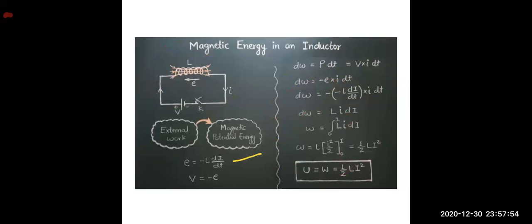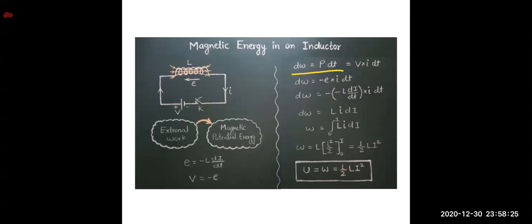And the voltage V, which is supplied by the battery so that it can maintain the current against the induced EMF, is equal to minus E. Now, as the battery has to do some work in order to maintain the current, let that work be dW. So dW equals P dt, where P is the electrical power supplied by the battery.